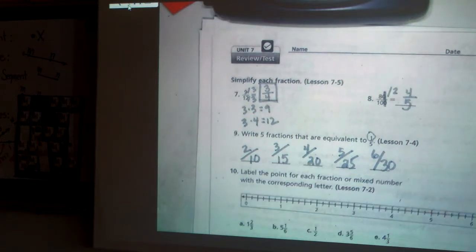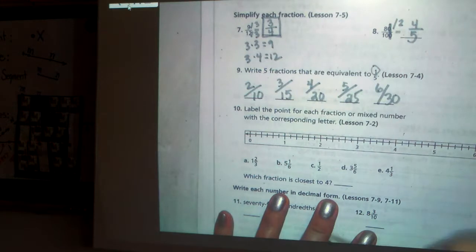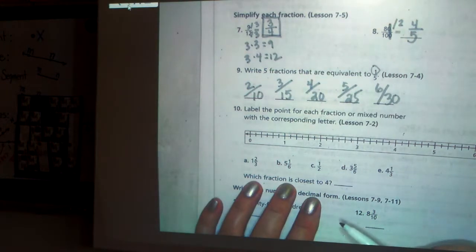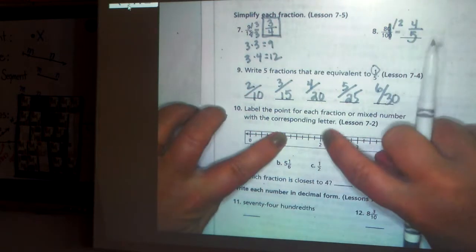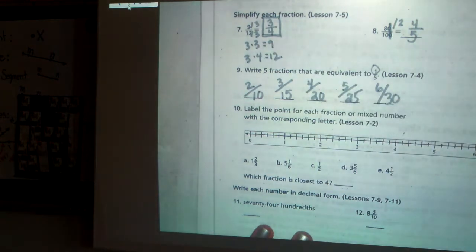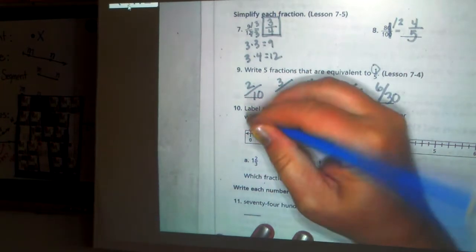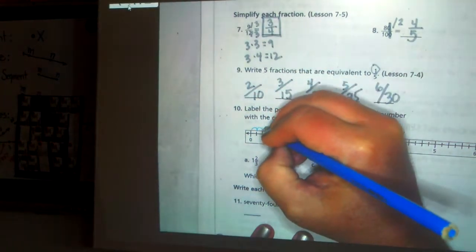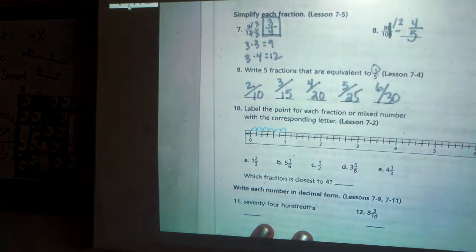Before I start to solve number 10, I'm going to take a look at my number line and figure out what I have. So my whole goes from 0 to 1 and from 1 to 2. And I want to take a look and see how many pieces my whole is broken into. 1, 2, 3, 4, 5, 6.